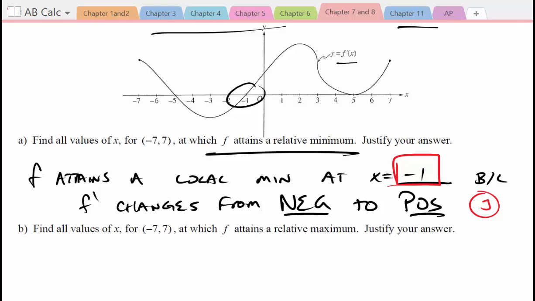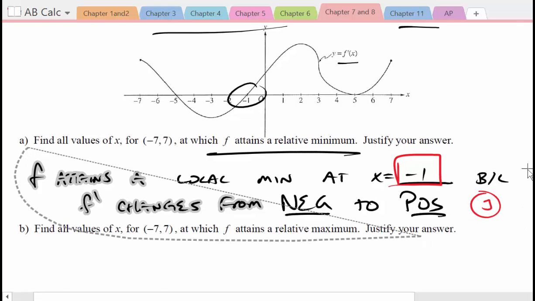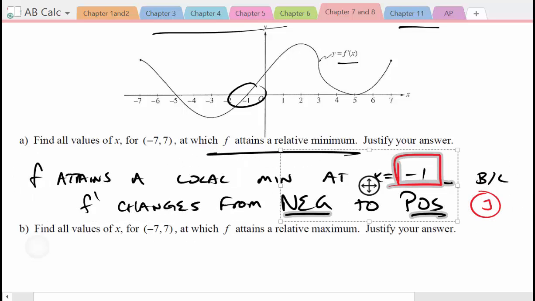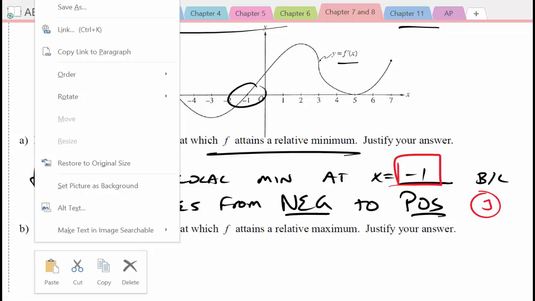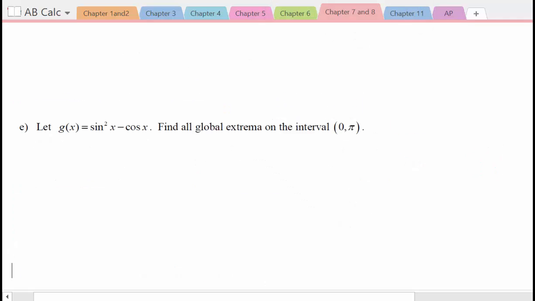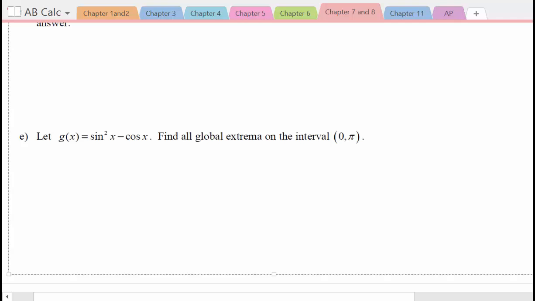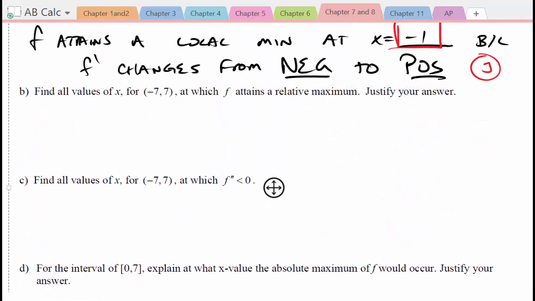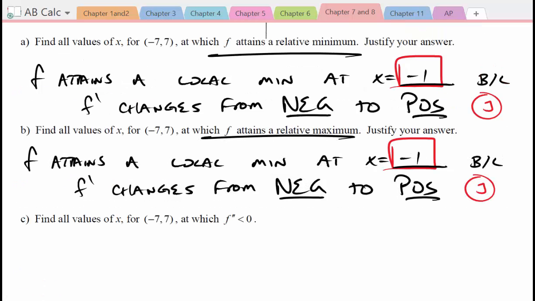By that exact same logic, if I want to find the locations of all relative maxima, I can use the same logic, except that a couple things change.